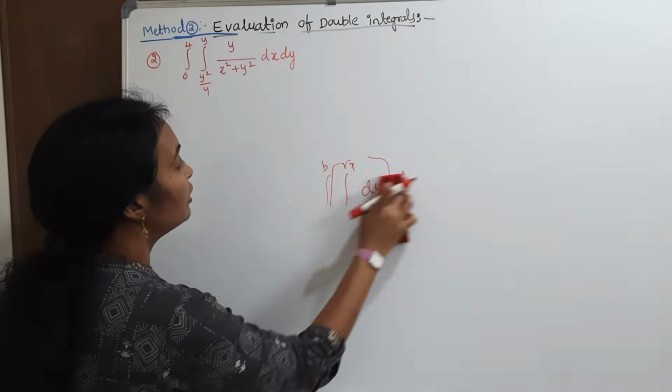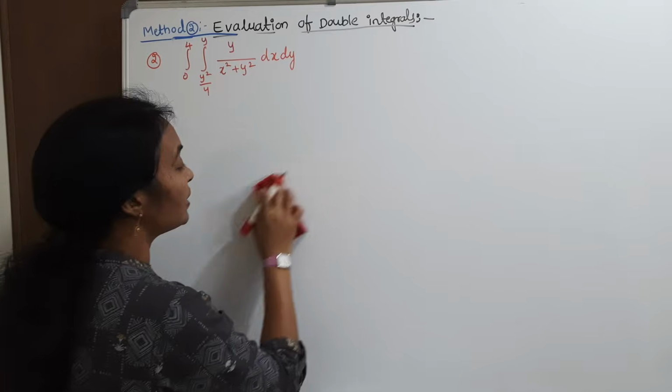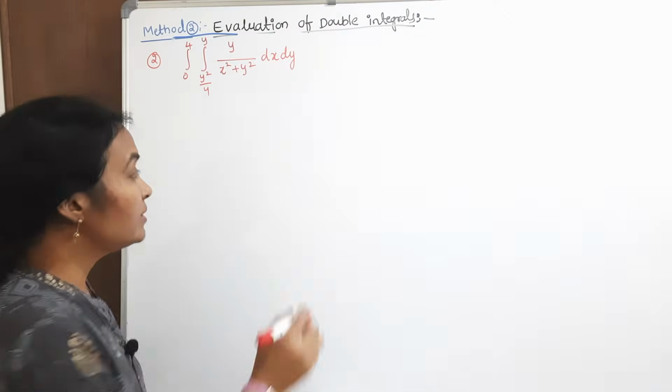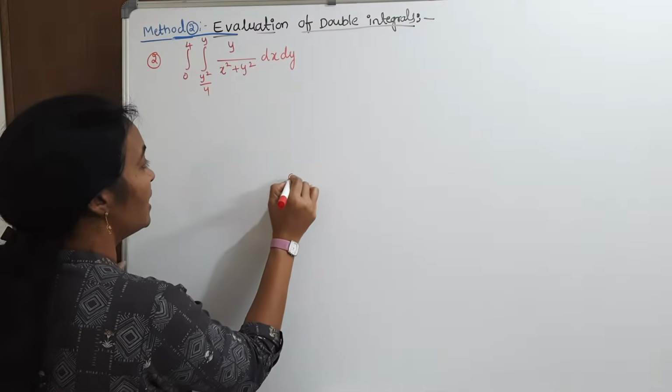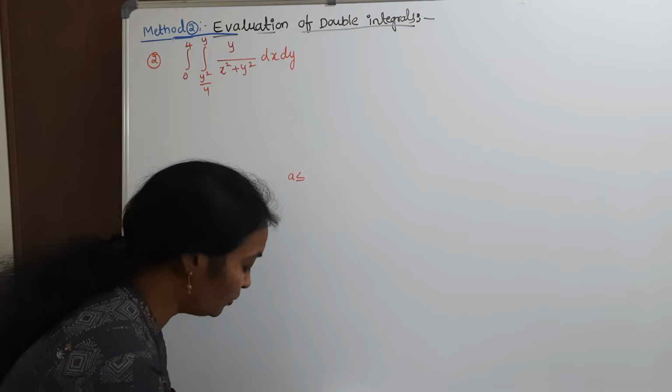Now here we are going to discuss the limits. Our method 2 states that the y limits are constant.